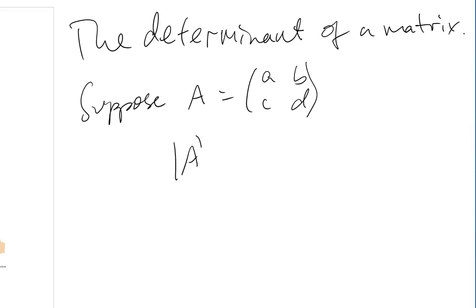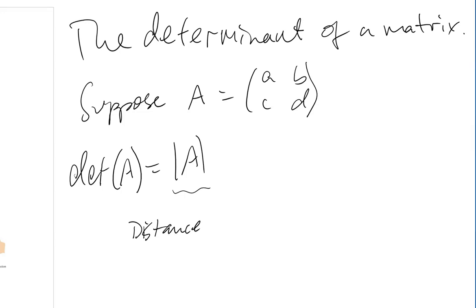The determinant, which is also written with what looks like absolute value bars around A, okay? Absolute value is the distance from the origin, but matrices don't have that. It's kind of a length of the matrix, so to speak, and that's why we use absolute value bars. Anyway, the determinant is ad minus bc.